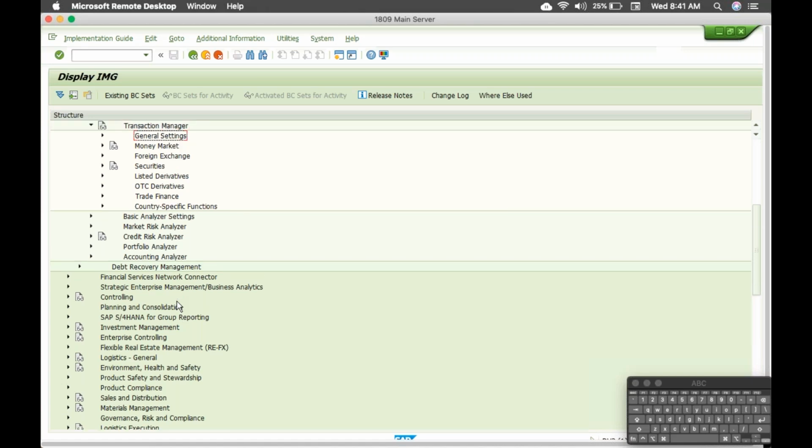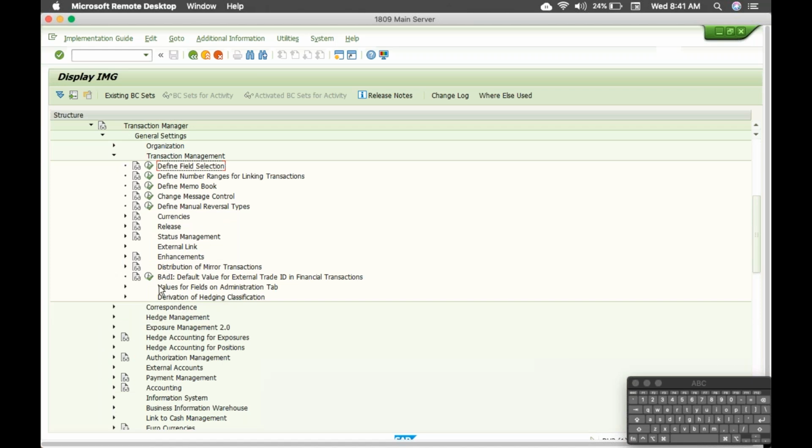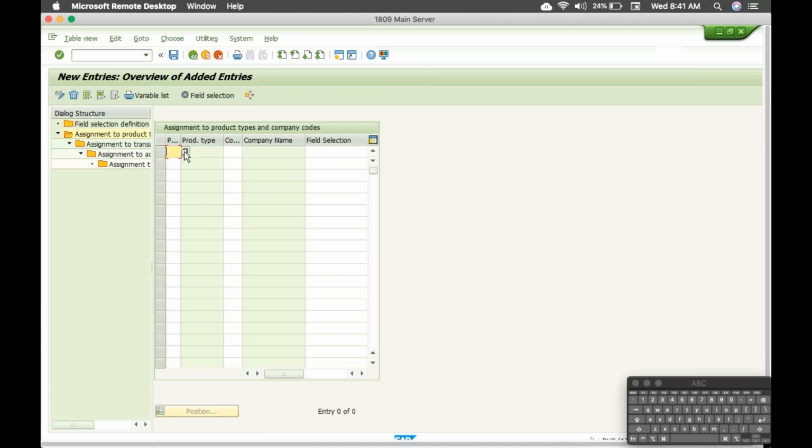Then come to general settings. In the general settings, organization is not required. Directly come to transaction management, define field selection. Authorization is mandatory always. New entries, take your product type HLC, company code, HBG.